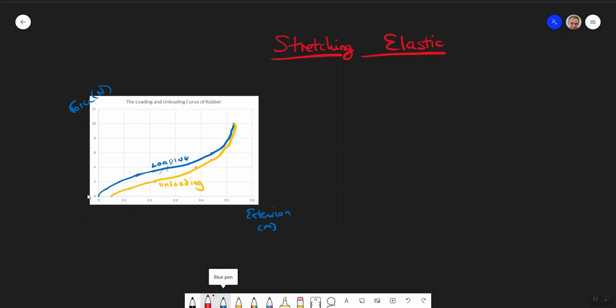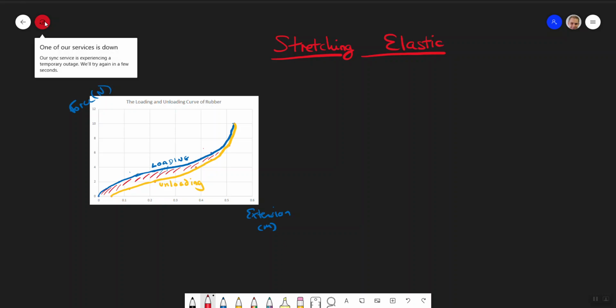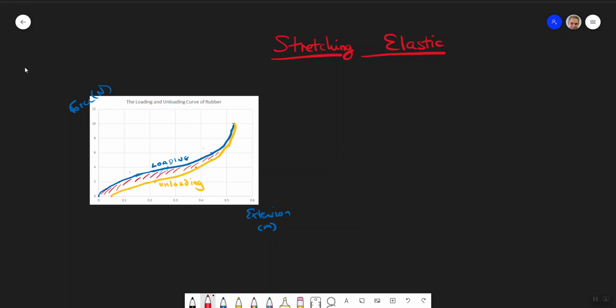But what is this sort of energy? It's not work that's been done in permanently deforming the rubber. If you stretch a rubber band and you keep stretching it and relaxing it, round and round, what you'll find is that rubber bands, like a hairband or anything, will get warm.